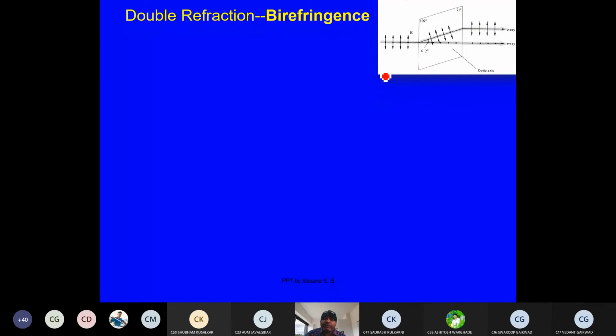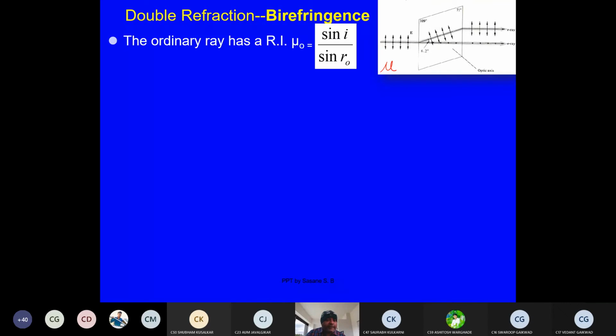All of you know refractive index, like water has a refractive index, petrol has a refractive index. So similarly, double refracting crystals have a parameter called birefringence. How to calculate this birefringence? Let us see.